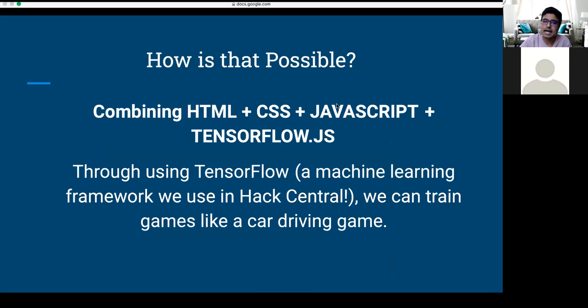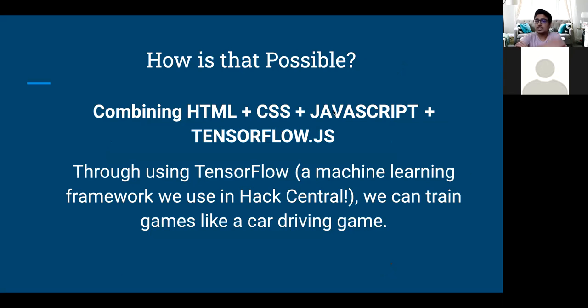Now, how is that possible? Well, firstly, it encompasses using what we already know. We're using HTML for the structure, CSS to make our web page look nice, and the core, the JavaScript, behind the game, the functionality. But then, going back to that autonomous car, the self-driving car game, we use another JavaScript framework called TensorFlow. If that name rings a bell, you're probably thinking of Hack Central, because we use this a ton in our Hack Central program.